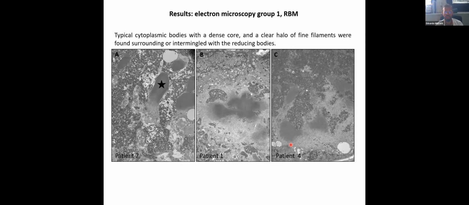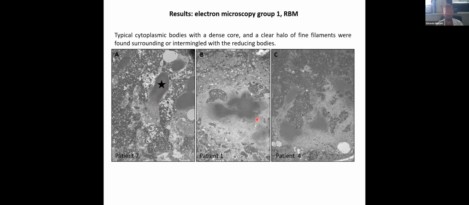reducing body. Another lesion that was frequently associated and found in all the samples of reducing body myopathy was the presence of these cytoplasmic bodies. These are protein aggregates that present a dense core with a clear halo of thin filaments surrounding, like a sun that is shining.